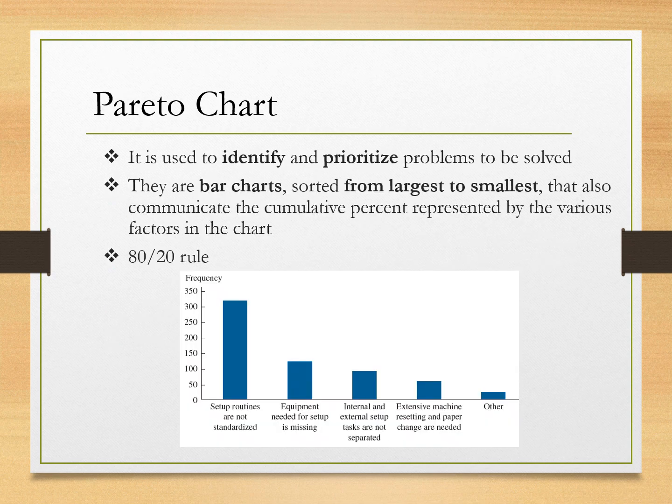Pareto chart is a very effective tool to identify and prioritize problems to be solved, and we also call it the 80-20 rule. In simple terms, it means 80% of the problems come from 20% of the causes.